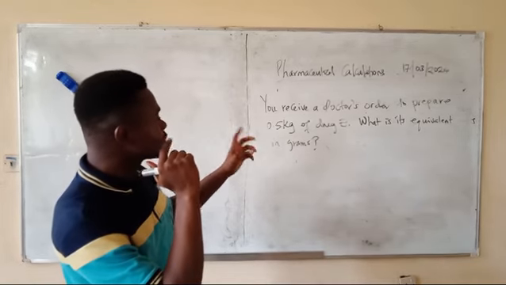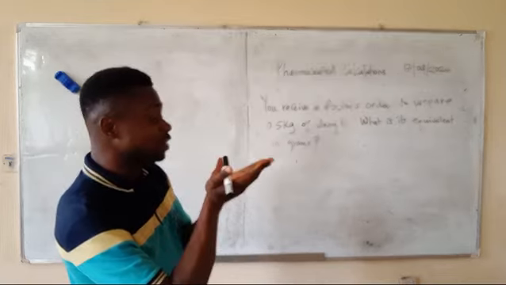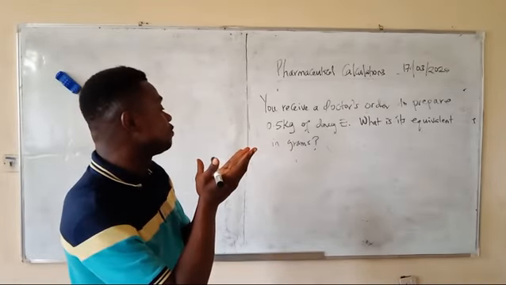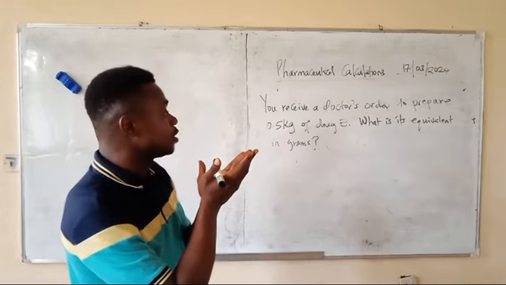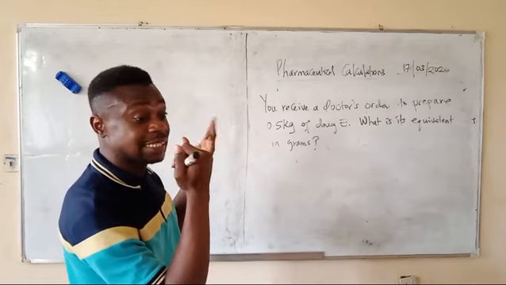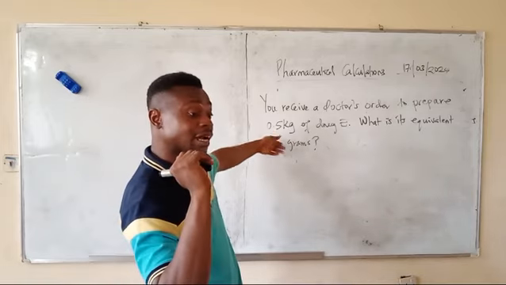So the doctor's order says you should prepare 0.5 kilogram of drug E. It's simply another way of asking you to convert this kilogram to grams. Simple.